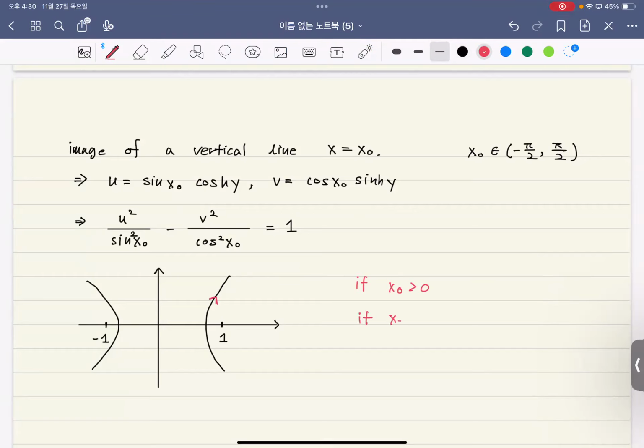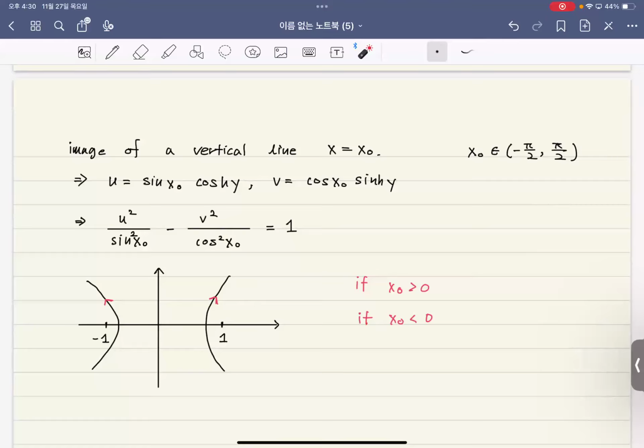And if x0 is negative, then this one must be the image, right? Although we are talking about x0 moving between these two, because of the periodicity of the sine and cosine functions, this pattern continues for every real number x0.